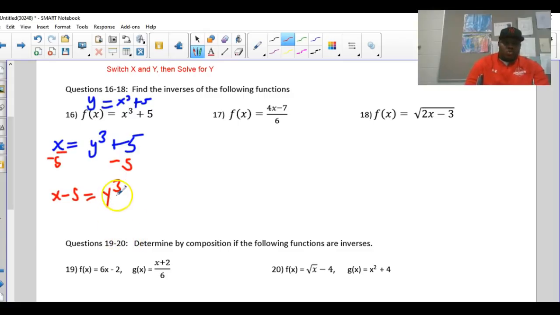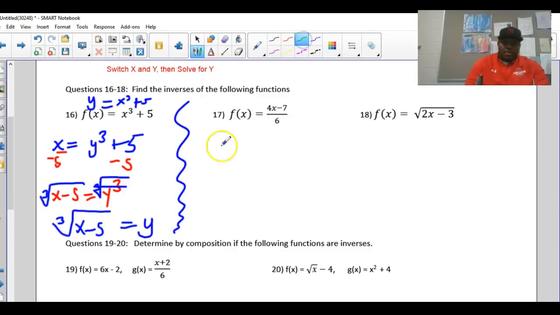And we need to remove this cube right here. How we're going to do that is we're going to take the cube root on both sides. So on the left here, we have the cube root of x minus 5. And on the right here, the cube root and the cube cancel each other out. So the only thing that remains is y. So this is the inverse right here, guys.